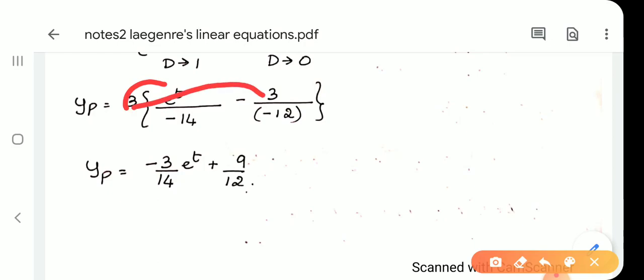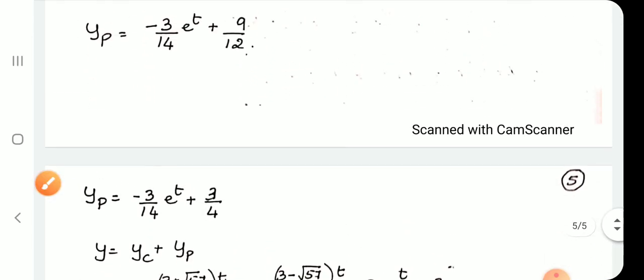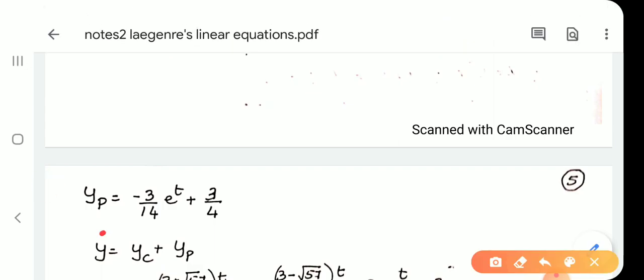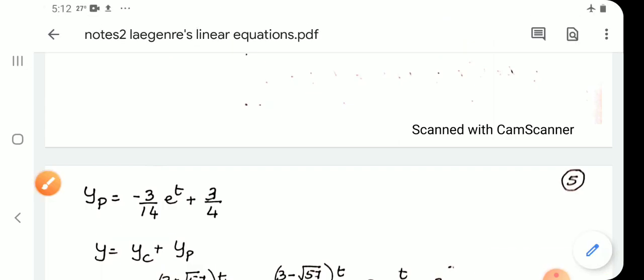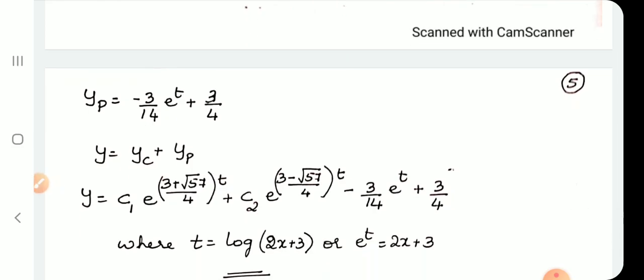Similarly, the second term becomes plus 9 by 12. 9 by 12 is nothing but 3 by 4. So when it is simplified, we get yp is equal to minus 3 by 14 e power t plus 3 by 4. y is equal to yc plus yp.